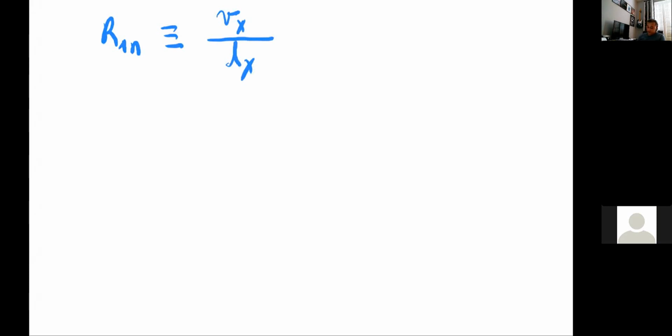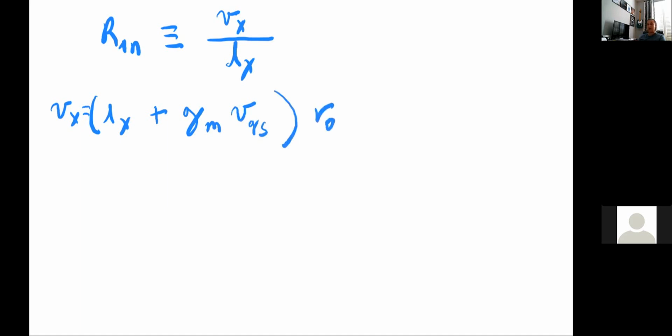Okay, so I can write that voltage as the current into the source of the common gate plus the current through the drain of the common gate amplifier. So that is the gm of the common gate transistor times the bias voltage, and then that is multiplied times the output resistance of the common gate.